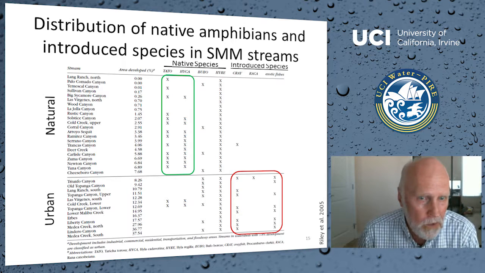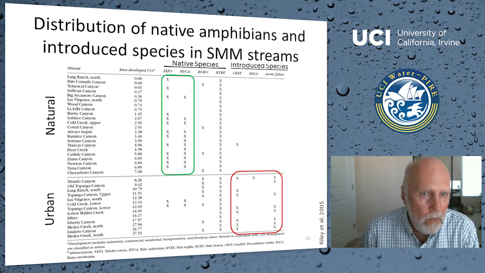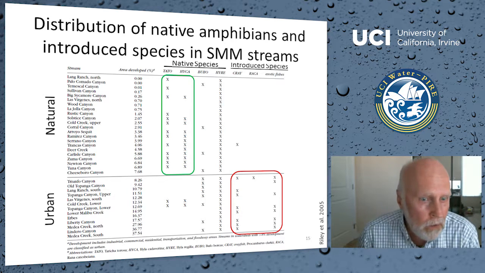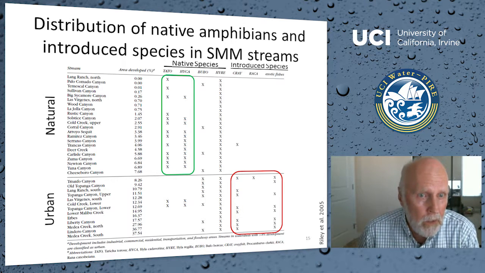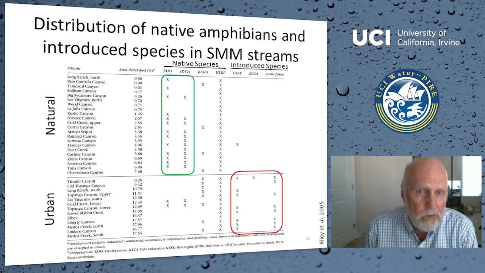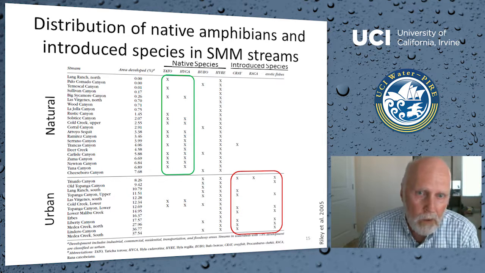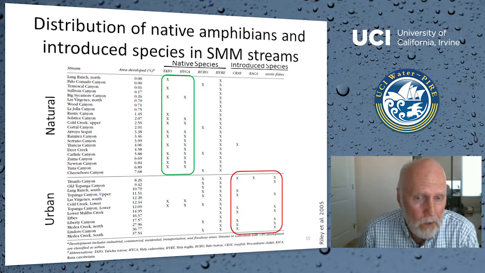They occur in all the streams. But there are other native species, this other tree frog and the California newt, which are basically only occurring in the natural streams. And conversely, we look at these introduced species, the crayfish and the bullfrog and exotic fishes, and we see that they almost exclusively occur in the urban streams.